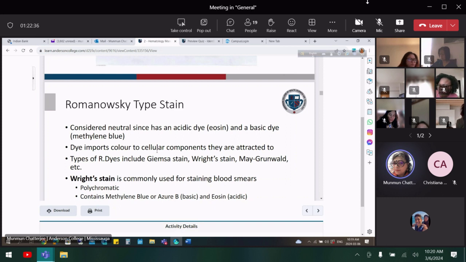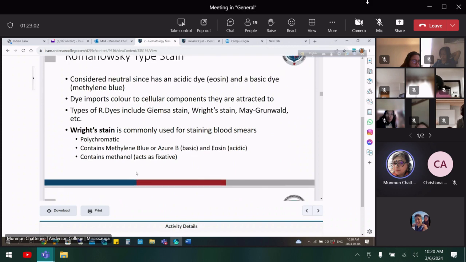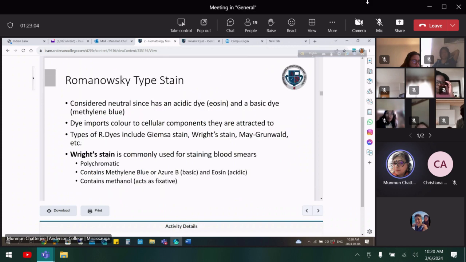The dye imparts color to the cellular components that are attracted to it, and types of these dyes include Giemsa stain, Wright stain, and May-Grunwald stain. These are all Romanowsky-type stains. So Wright stain, in general, is commonly used for staining blood smears, mainly the different types of blood cells.